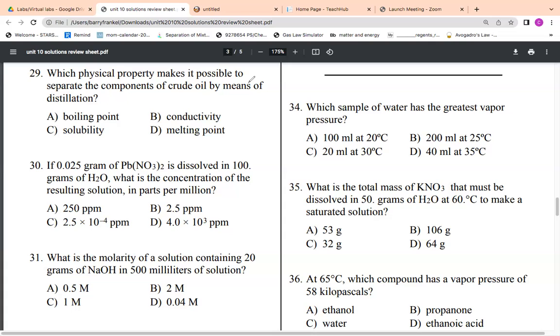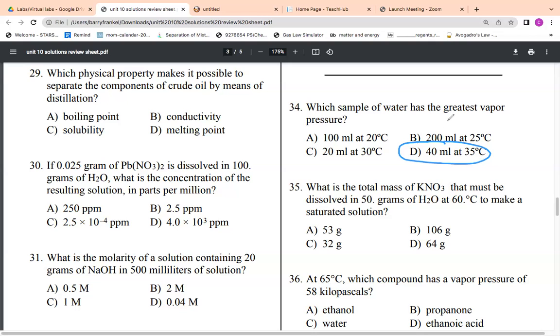So for this one, you just have to look for the greatest temperature, which would be this. Choice D, highest temperature. Okay. Again, the more heat, the more it's going to vaporize or turn into vapor. So the more water vapor you will have on top, exerting that pressure onto the surface of the liquid.